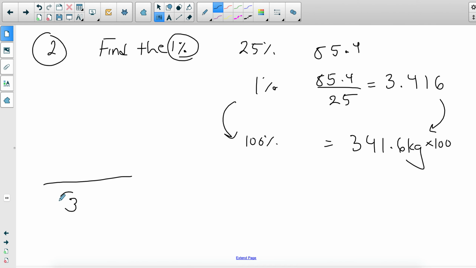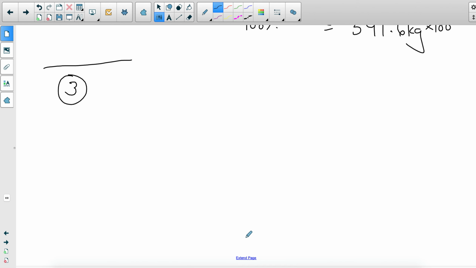The third method is one of my favorite methods, because it can be used in this technique, and it can be used in a lot of ratio, proportion, percentages type questions, even algebraic questions, but mainly proportion questions. So it's talking about equivalences, and I'm not going to use the equal sign because it's the wrong notation to use.